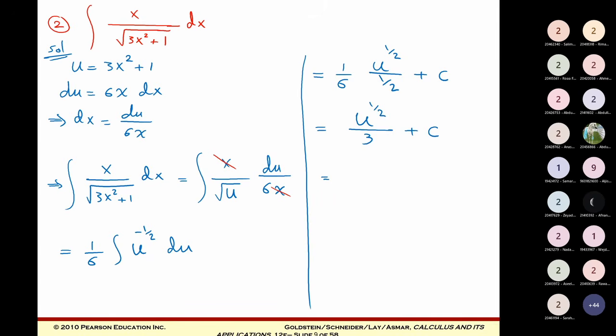What's the value of u? Equal to radical 3x squared plus 1, over 3, plus c. Okay, any question?